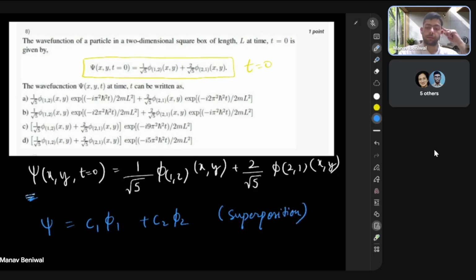This is our phi 1, the first wave function, and this is phi 2, our second wave function, and our total wave function is written as a superposition of both these wave functions.